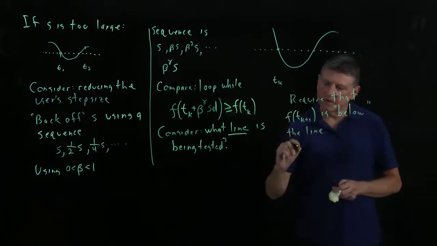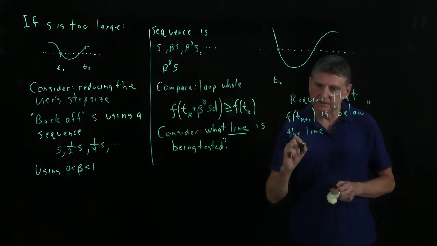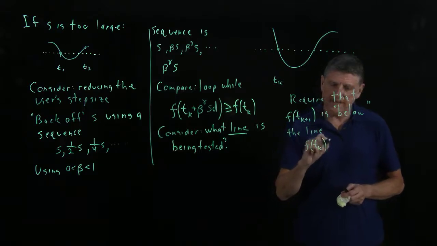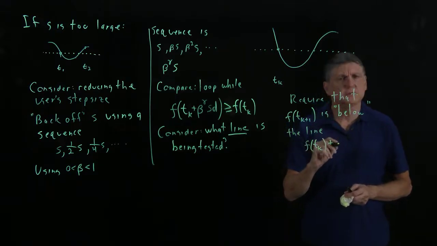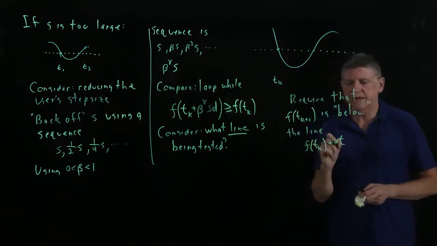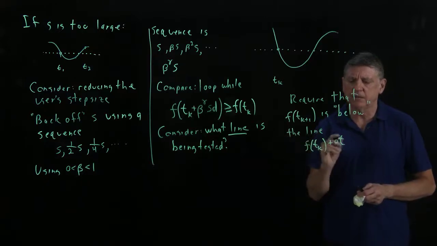Now I can write that line as a function of t, and that is f of t k plus, well, this looks a little odd because it's 0 times our t. So that is the line, a line with a constant value.